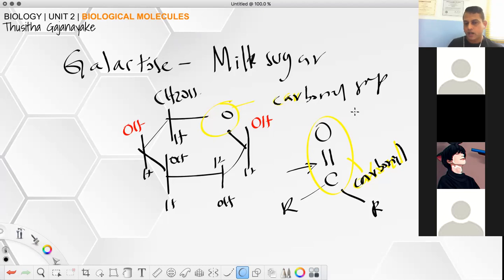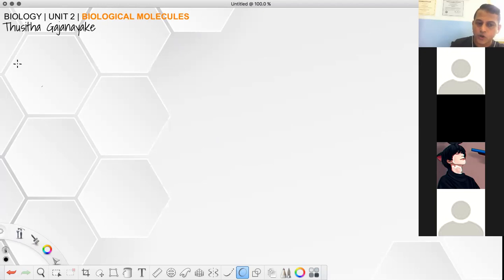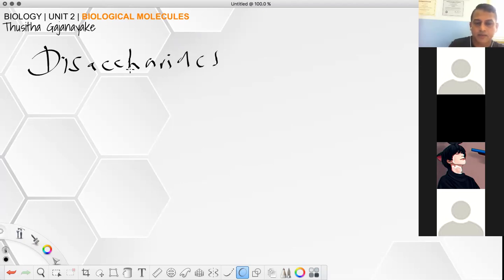But we're going to learn how monosaccharides join together to make a disaccharide. Let's see how it is made with glucose and glucose. This is one glucose molecule.